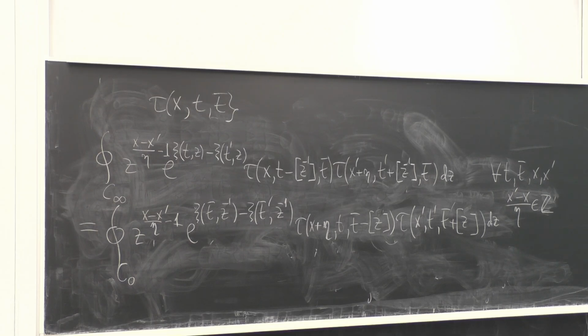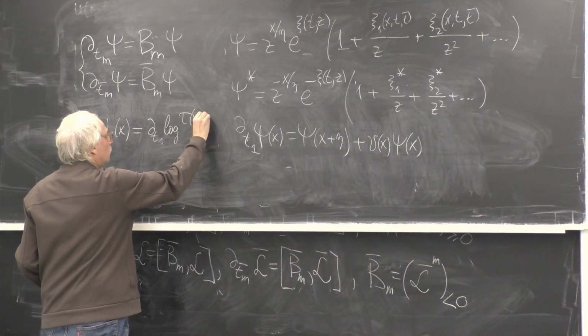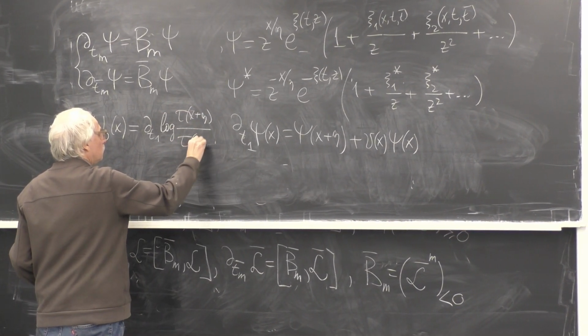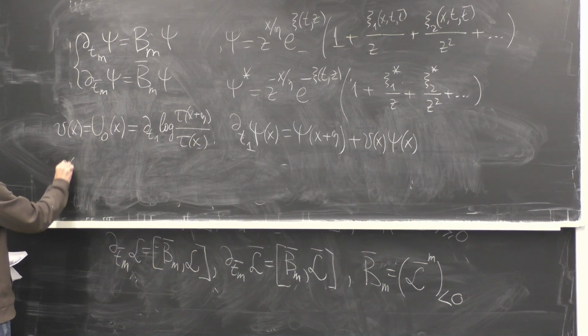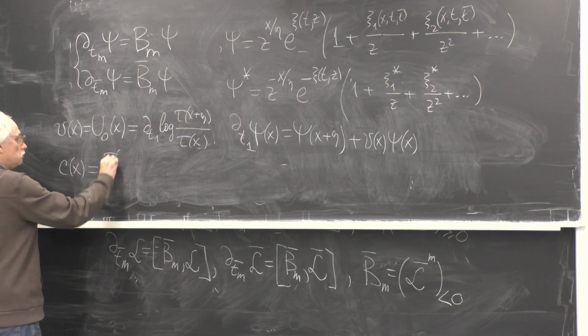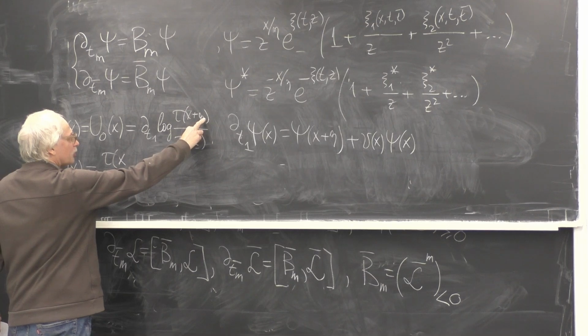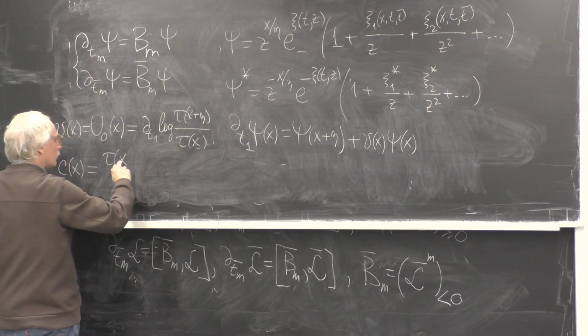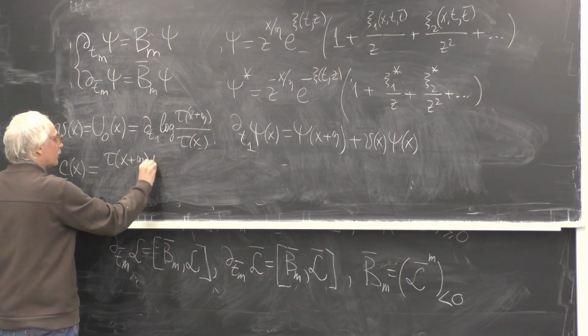The coefficients of the Lax operator can be expressed through the tau function. For example, the two simplest ones. I will not indicate explicitly the dependence on the times, only on x, which is shifted here.